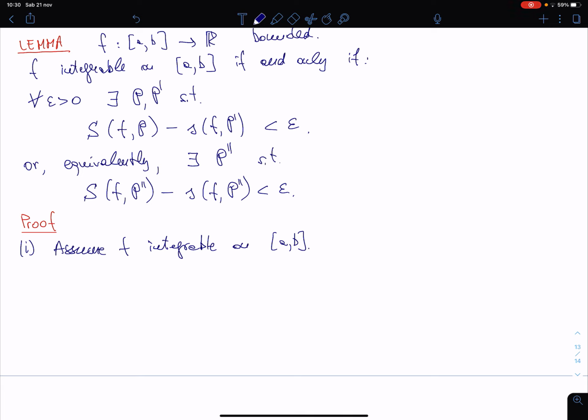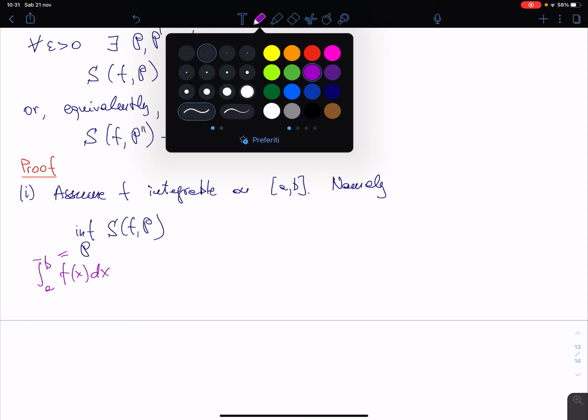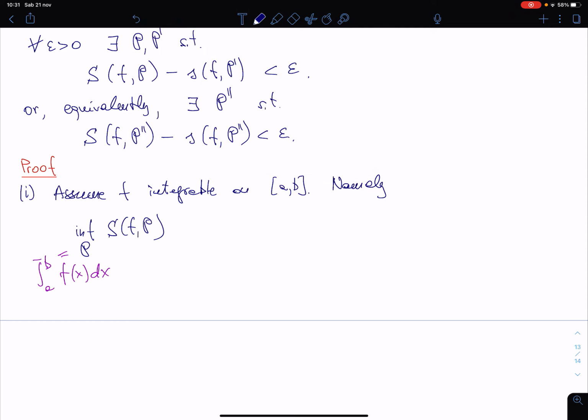Namely, we have that the infimum of the upper sums over the partitions, which, remember, is the upper integral, is equal to the supremum of the lower sums, supremum over all the partitions.